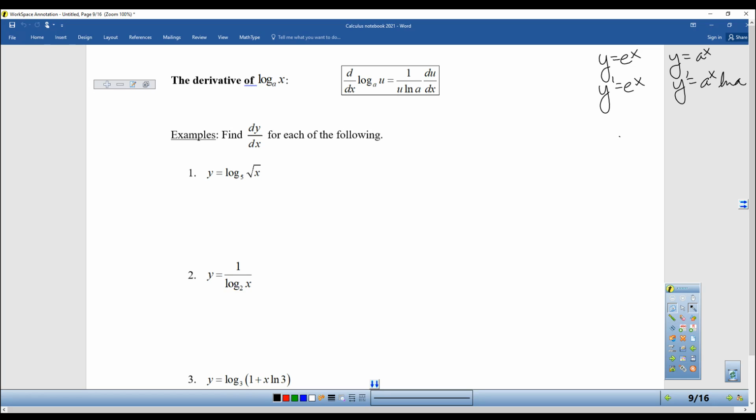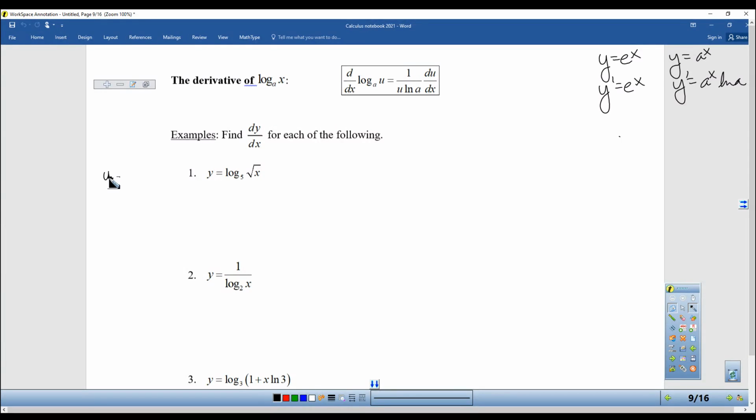Now for logs, the derivative of log base a of u is pretty much 1 over u, just like before, but you have to add that ln of a. And it's easy to remember that it goes on the bottom because the u is on the bottom, so it's right there.